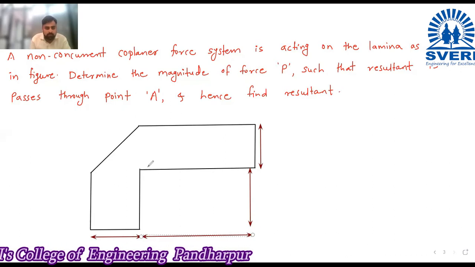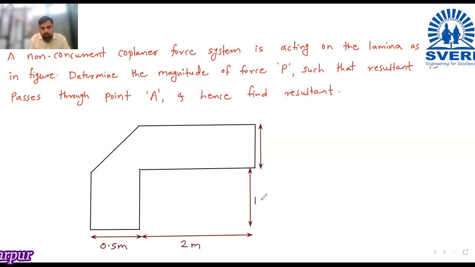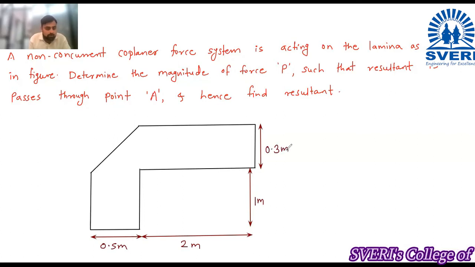So this is 0.5 meter, this is 2 meter, this is 1 meter, then this is 0.3 meter. Then what else is remaining?